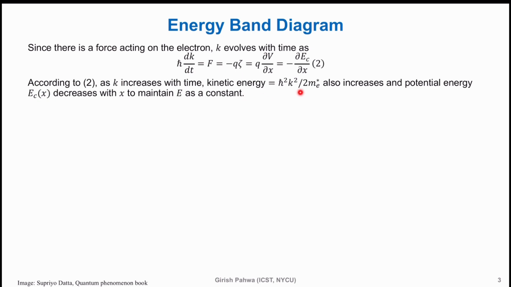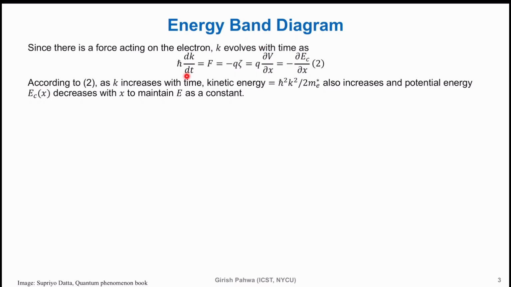And there is a negative sign here, and you have a positive sign here. What does it mean? Whenever my potential energy is, say, decreasing with X, the momentum vector is going to increase. There is a negative correspondence. If my potential energy is increasing, the momentum vector will decrease.